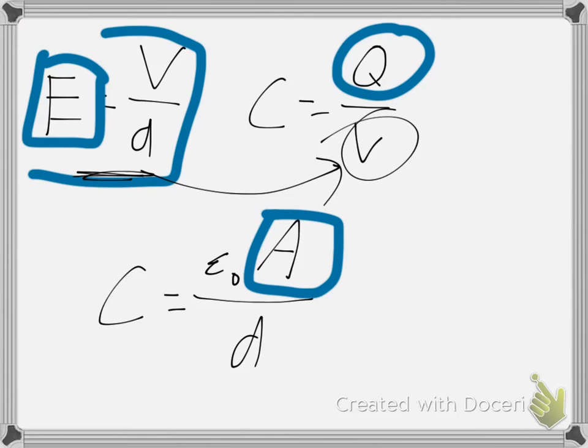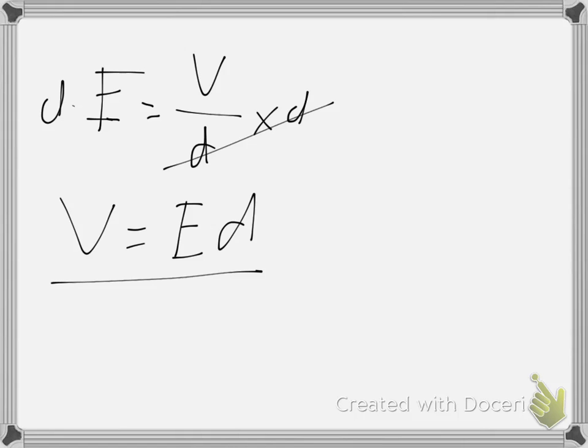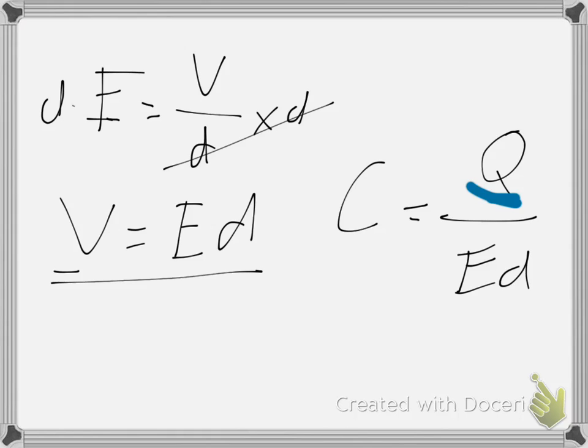Now, if you take this second equation here, C equals Q over V, and we plug in this new part, we get that the capacitance equals Q, the charge on the plates of the capacitor, the thing we're looking for in this problem, over my voltage, which is now electric field times distance.